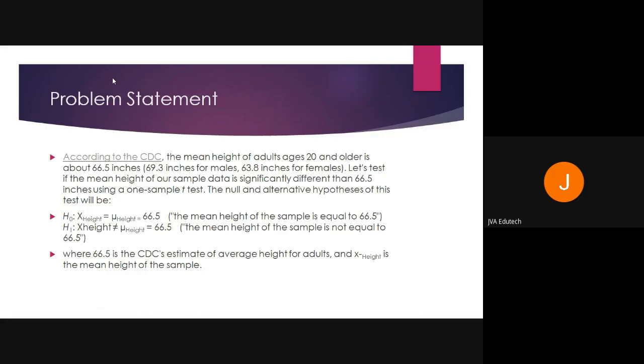That is calculating the effect size. Whatever results you are getting in your sample, given the size of your sample or the size of your observations, whether it is having an effect on your population or not.